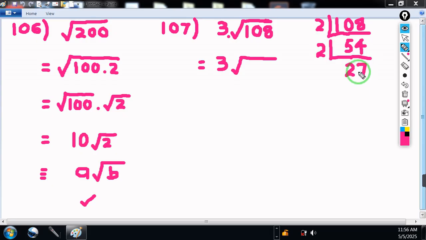And here, so now 2 cannot come in. This one even number, yes, 2. Even number, yes, 2. It's an odd number, so must go for the next one, which will be 3. 3 times what? 9. So 3 can still go in there. 3.